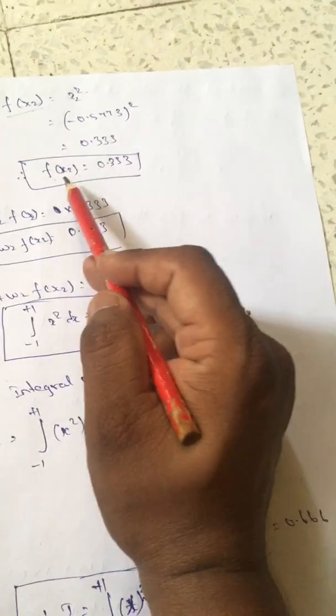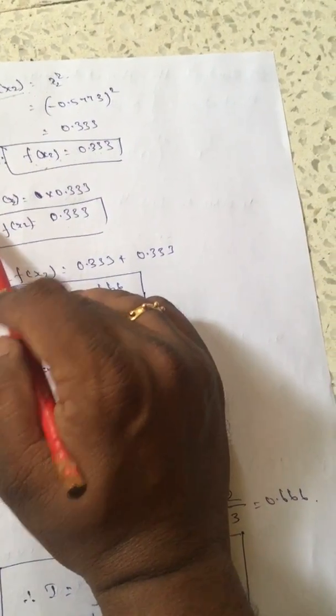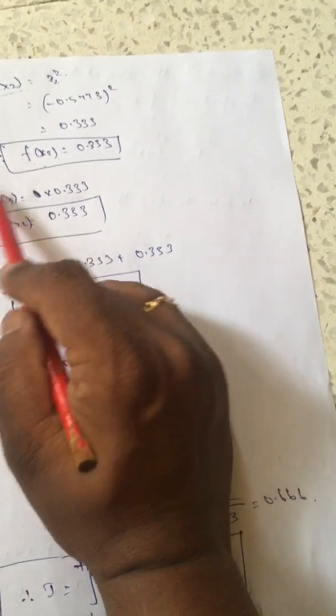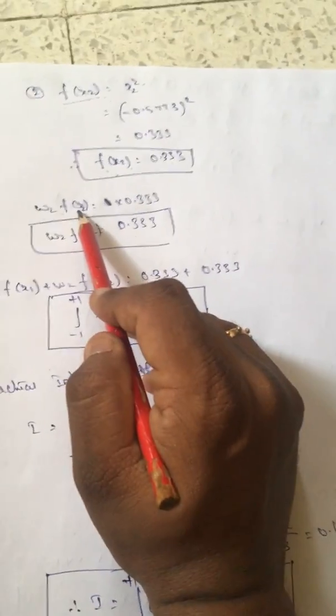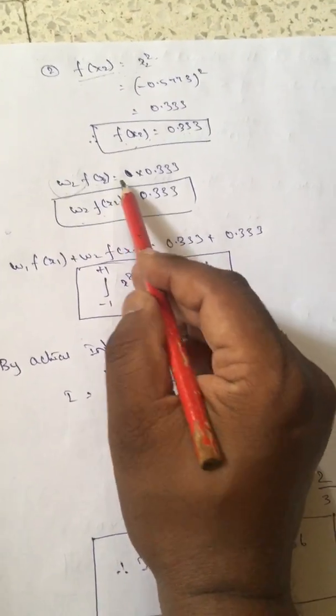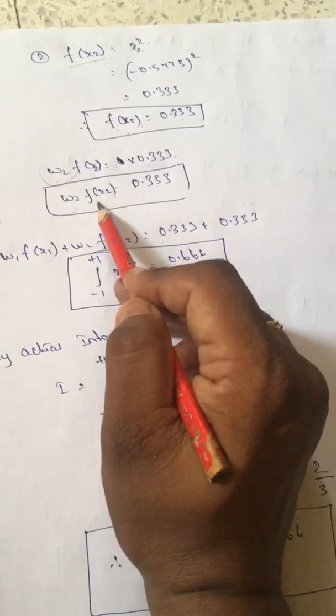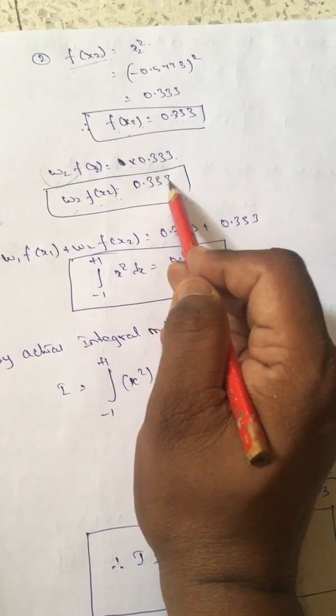The value of w2 is 1, so w2 f of x2 is 1 into 0.333, so the overall w2 f of x2 is 0.333.